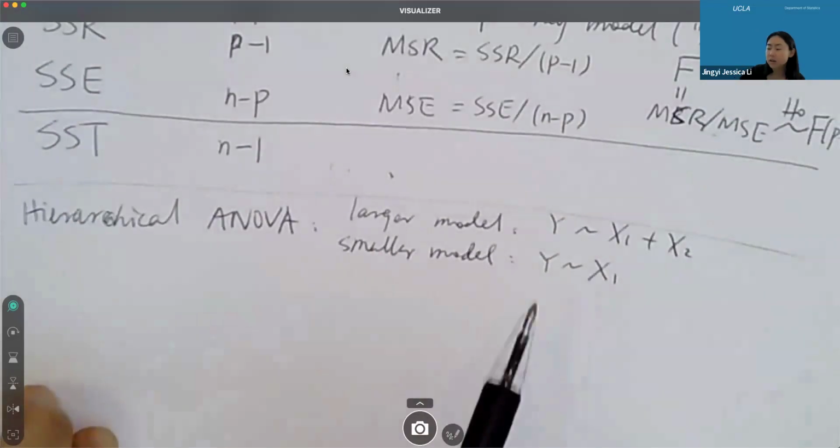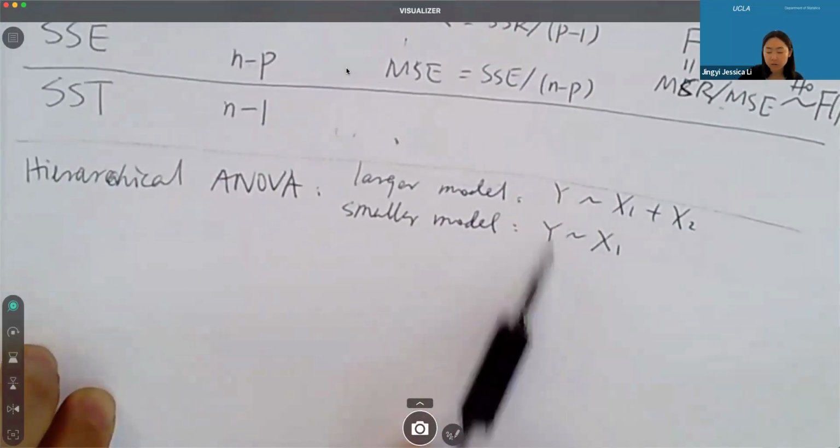Anyway, hierarchical ANOVA is trying to compare these two models.